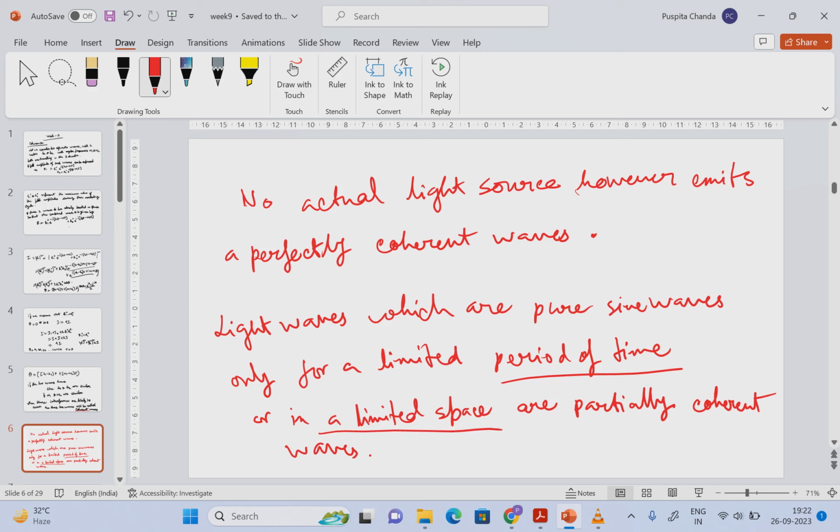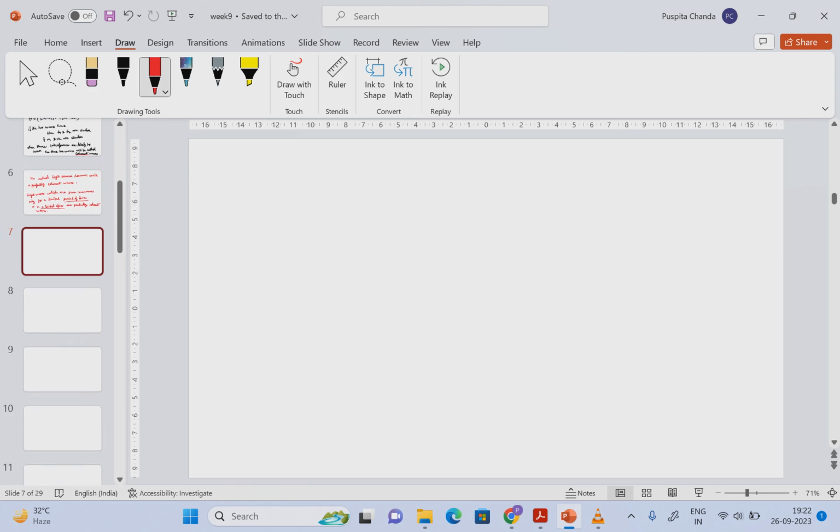So you will see that for only a limited period of time and limited space, they are partially coherent. Partially, because they are coherent in a limited period of time. That's it. Otherwise, they are called incoherent.